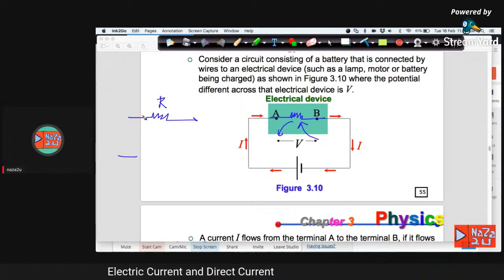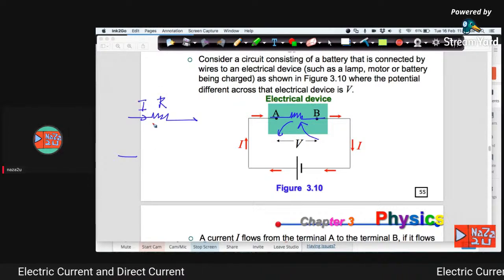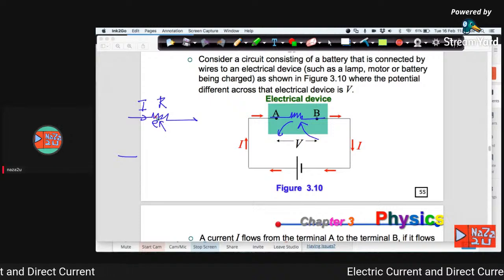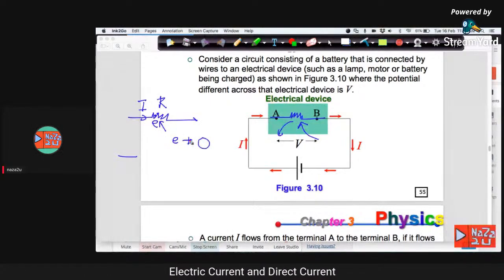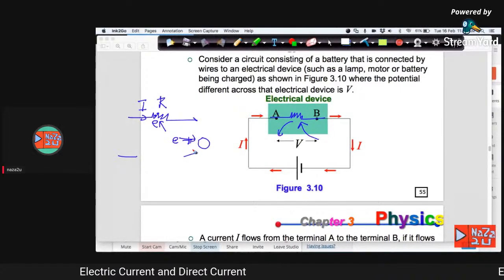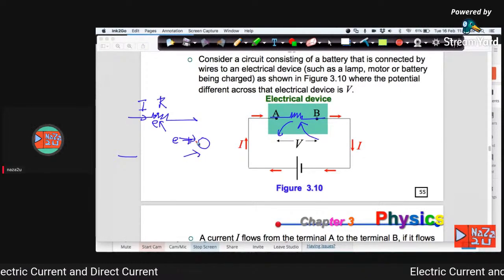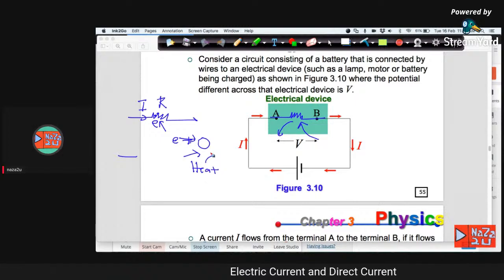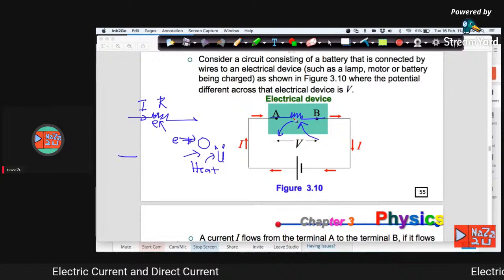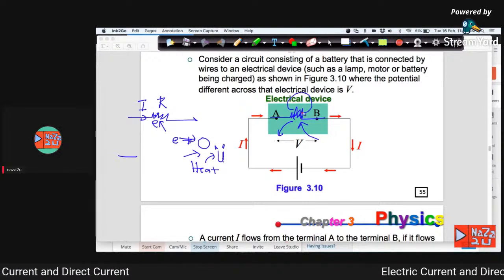Resistor ni arus mengalir. Bila arus mengalir, elektron ni akan melanggar atom-atom yang ada dalam resistor. Bila elektron itu melanggar atom, akan berlaku pelanggaran ataupun pergeseran, dia akan menghasilkan heat. Heat itulah, tenaga itulah yang dihasilkan. Kalau heat itu kita letak sini mentol, mentol ini akan menyala.